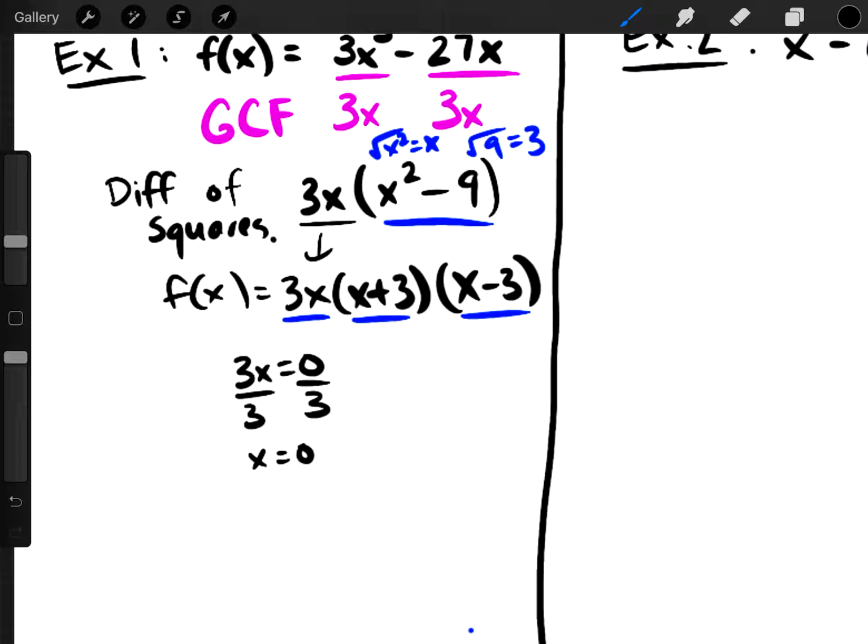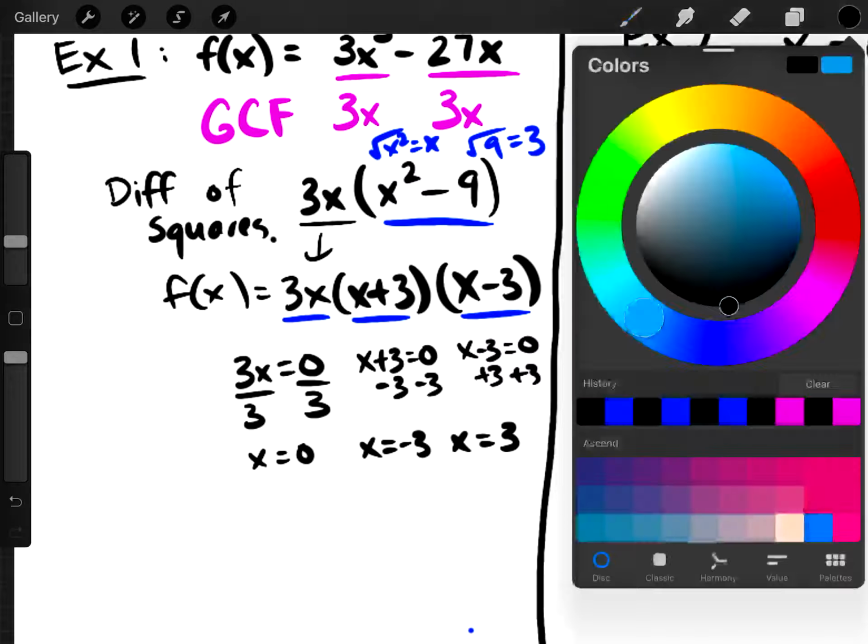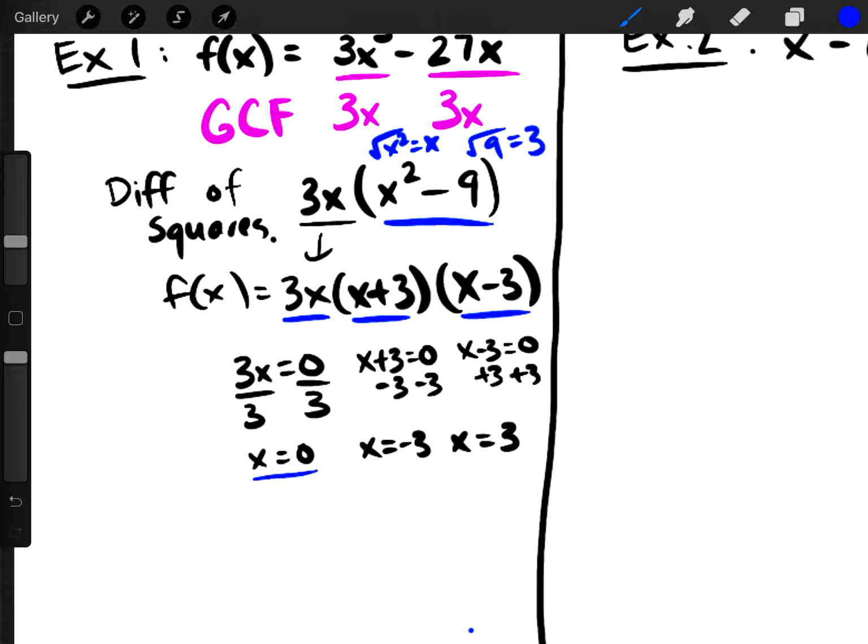We can do the same process with each of those other parentheses. X plus 3 equals 0, x minus 3 equals 0, and we can solve those. We have x equals negative 3, x equals positive 3. Those three values right there tell us a lot about our graph.